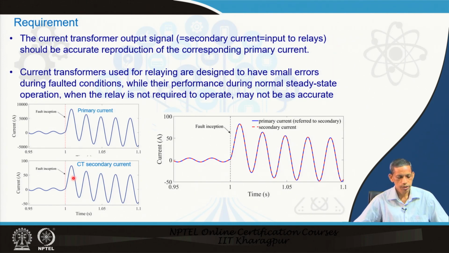If you plot both, in terms of scaling, I am referring the primary current to the secondary side, then only you can plot them. Otherwise, the primary is a very large value going beyond 5000, while this is only within 100 ampere or so.